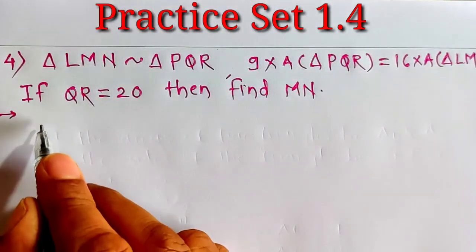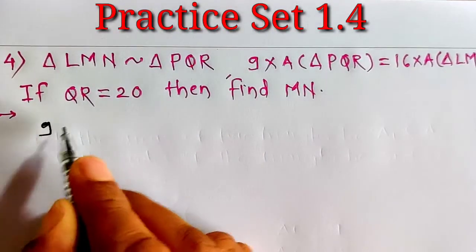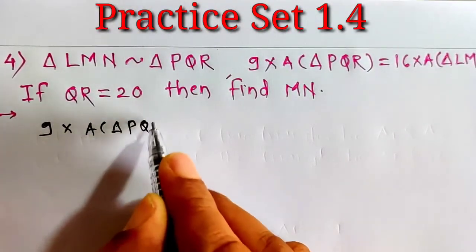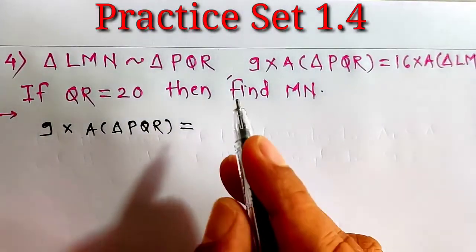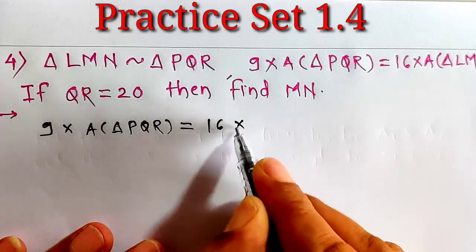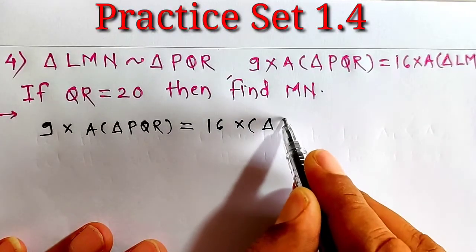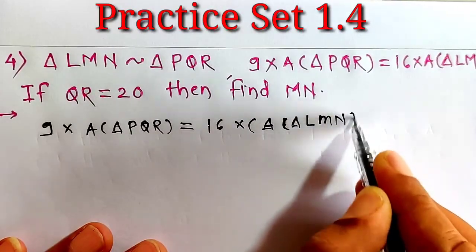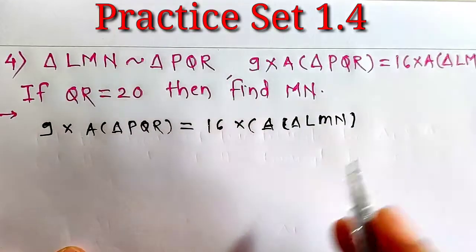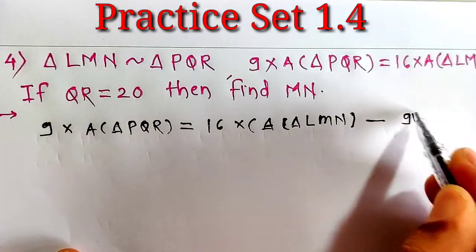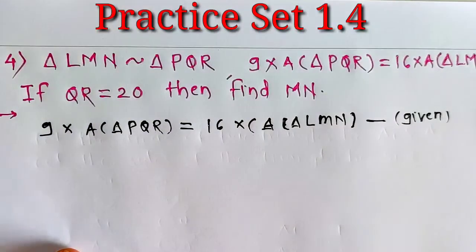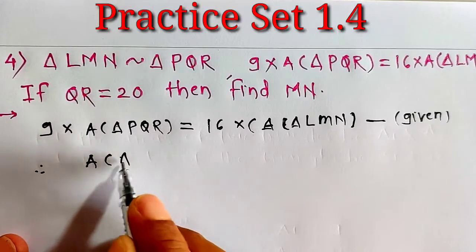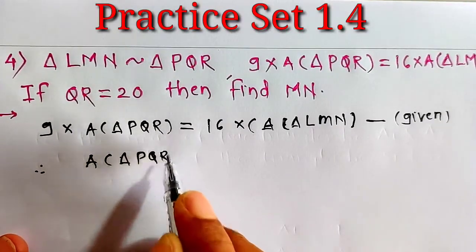First write this relation. What is given? 9 multiplied by area of triangle PQR is equal to 16 multiplied by area of triangle LMN. Now simplify this. This is given. Reason is given. Now simplify this term. Area of triangle PQR as it is.